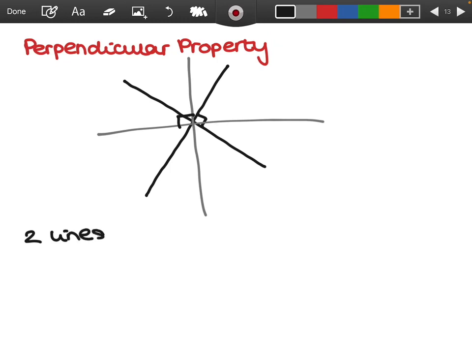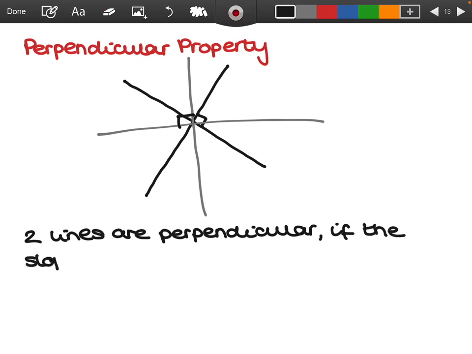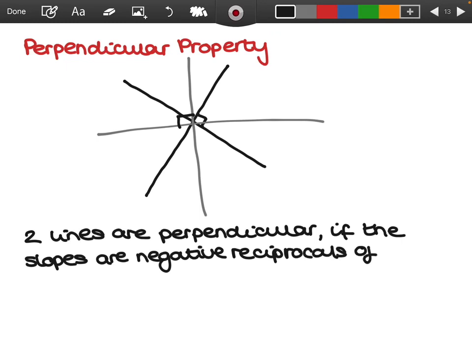So two lines are perpendicular if the slopes are negative reciprocals of one another.